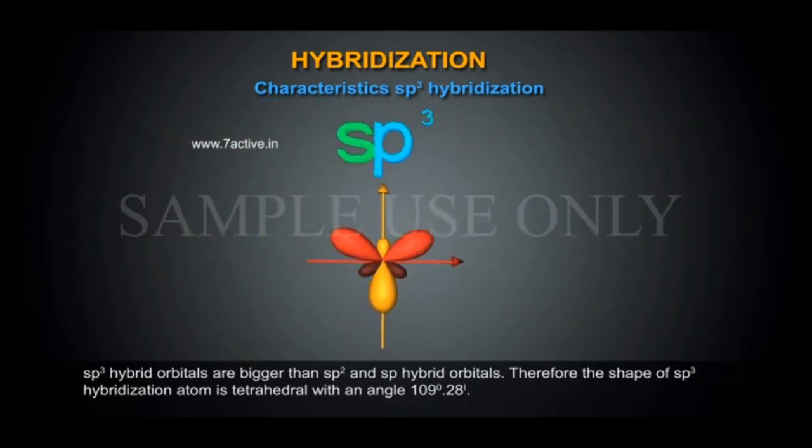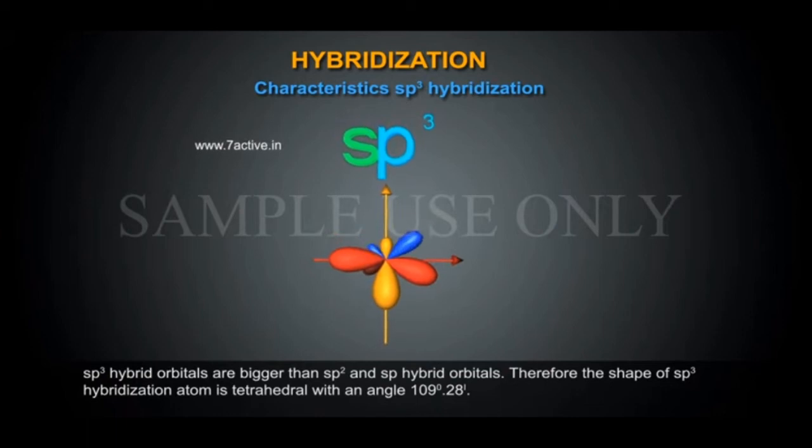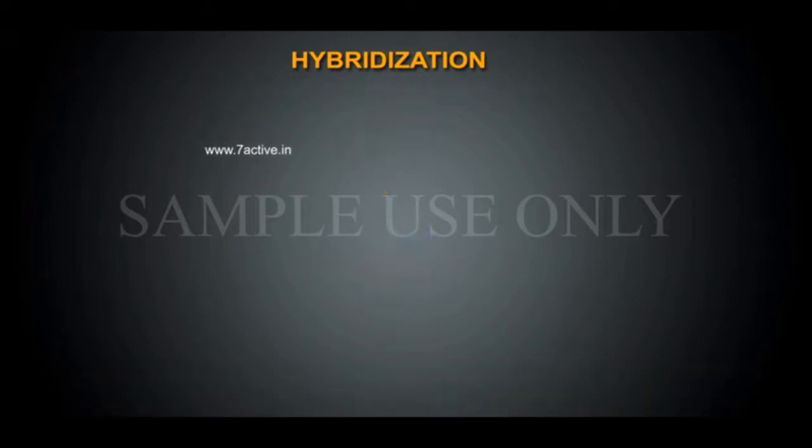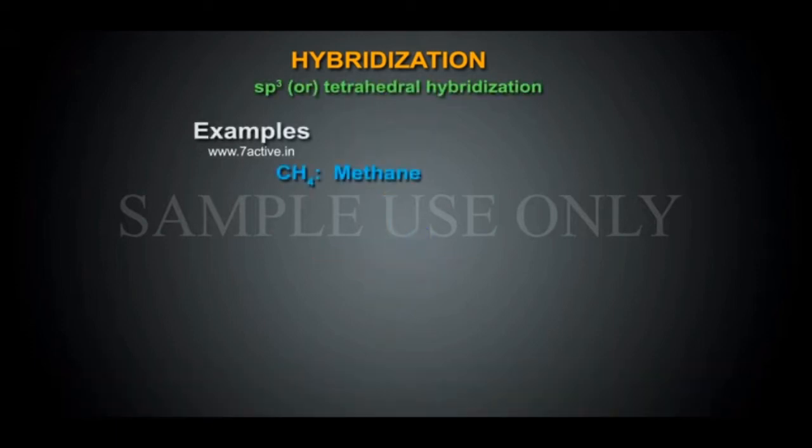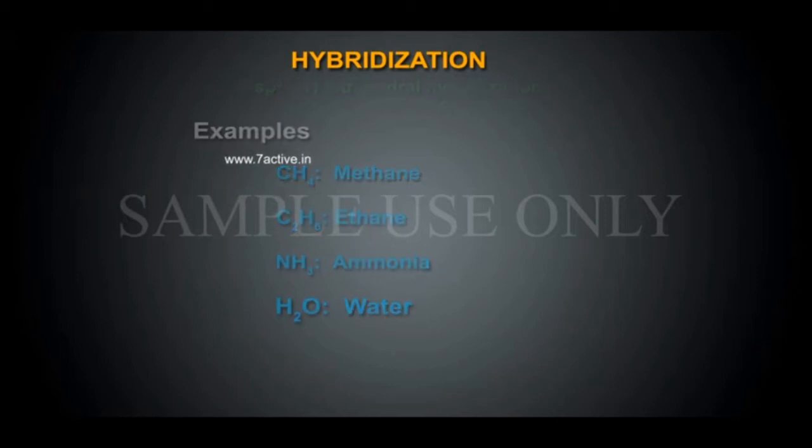Therefore, the shape of an sp3 hybridized atom is tetrahedral with an angle of 109 degrees 28 minutes. Examples: CH4, methane, C2H6, ethane, NH3, ammonia, H2O, water.